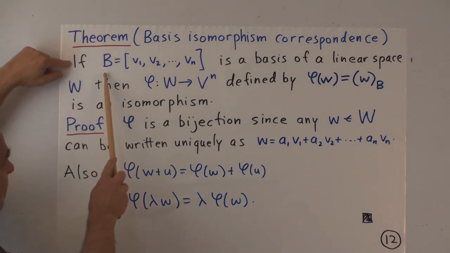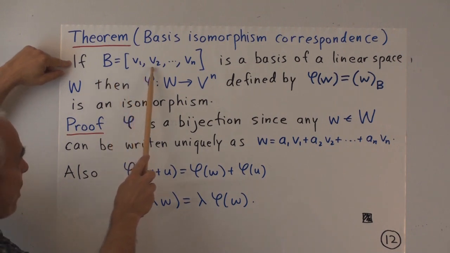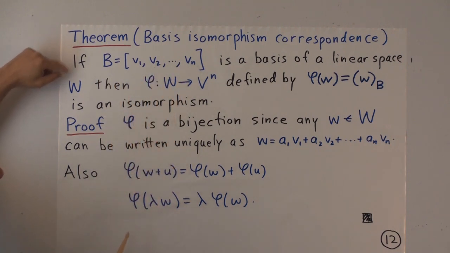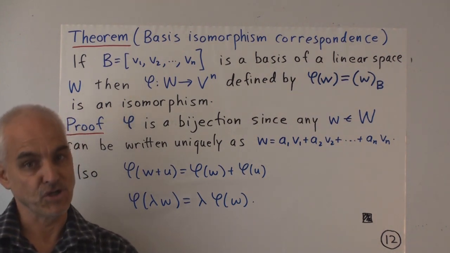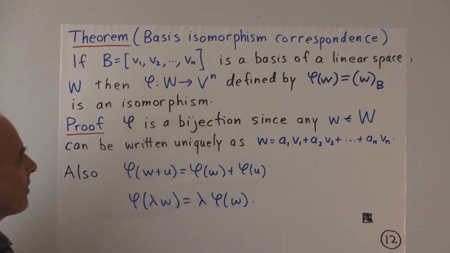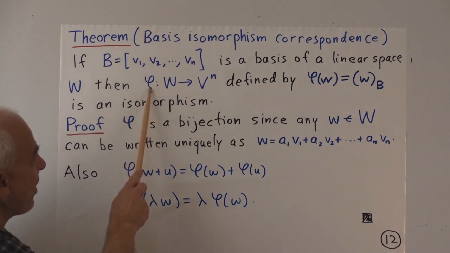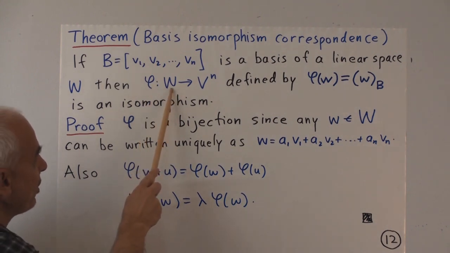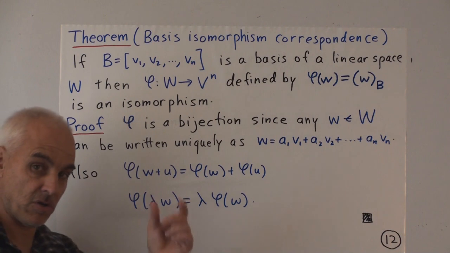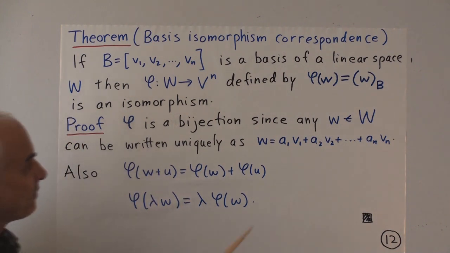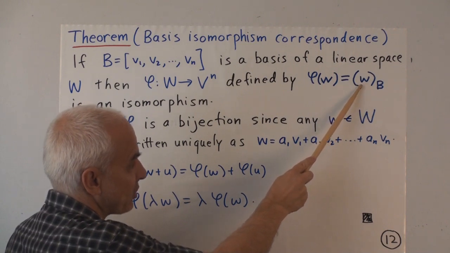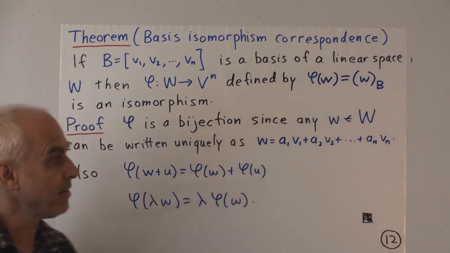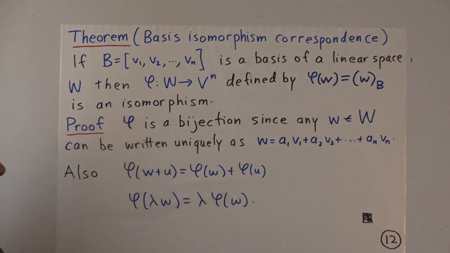And the theorem is that if B equals V1, V2 up to Vn is a basis of a linear space W, so rather a general linear space, then the map phi from W to n-dimensional column vectors defined by phi of W equals the coordinate vector of W with respect to B, that is an isomorphism.